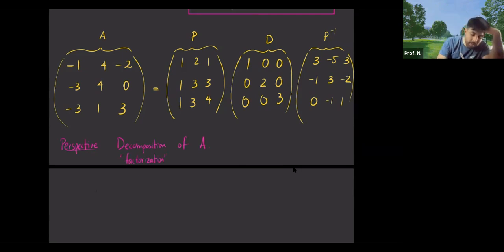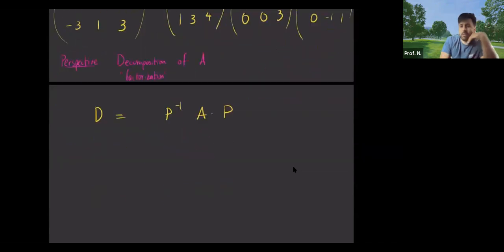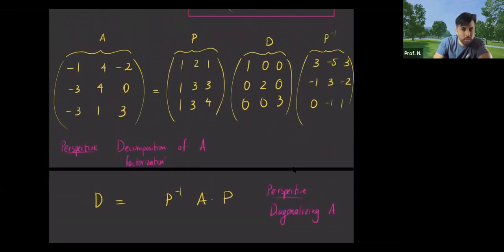But when I write it this way, I'm writing it in terms of the perspective here of diagonalizing A. These are 2 different things related to the same central concept, which is diagonalizability.